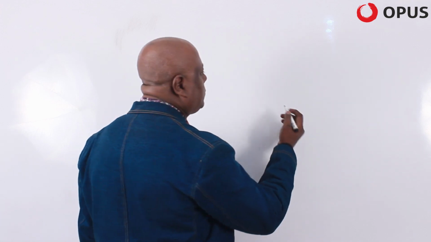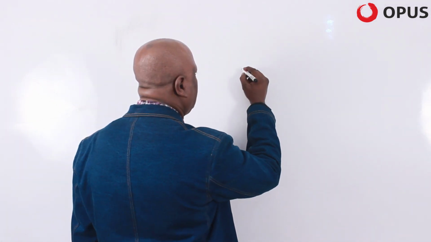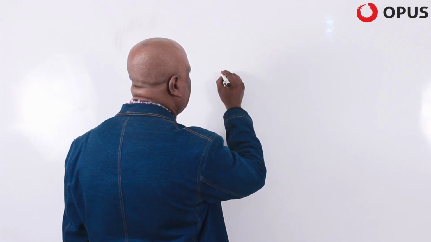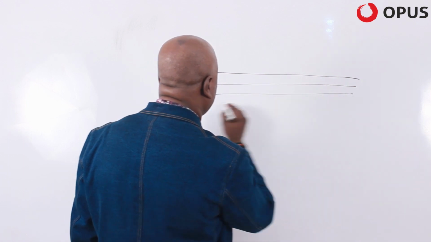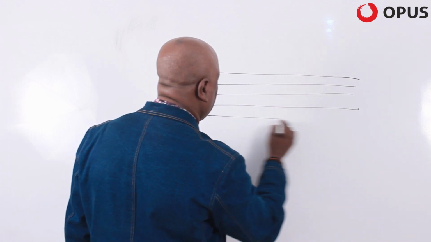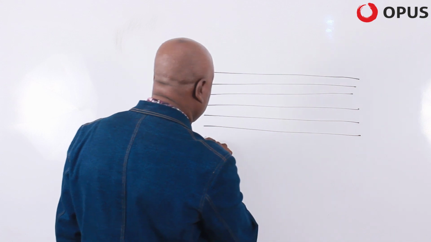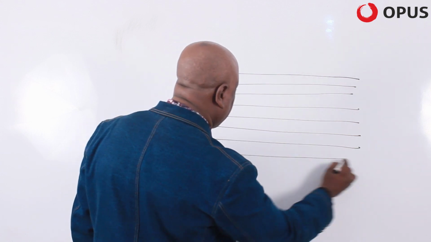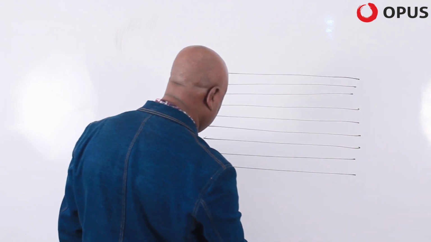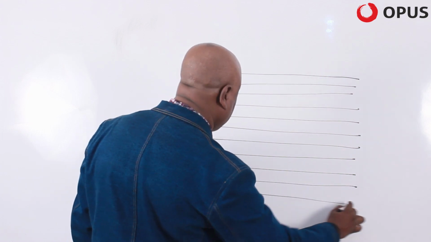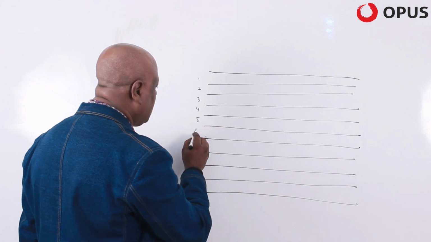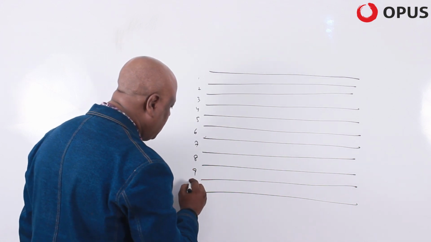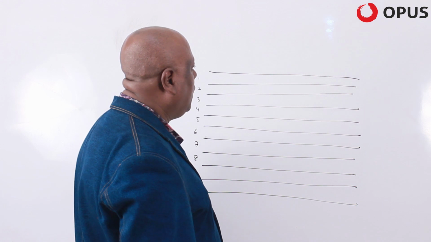A human figure should be understood in different head proportions. Generally, if I take a gradation of line like this, say this is a 1 inch gradation of line, I have created 1, 2, 3, 4, 5, 6, 7, 8, 9, 10 gradations.